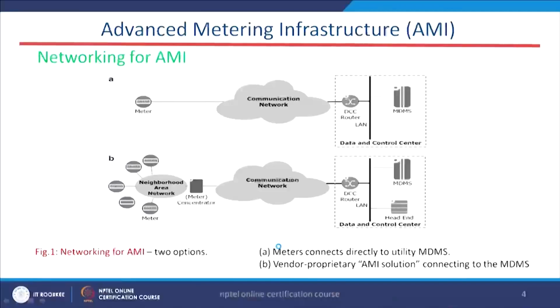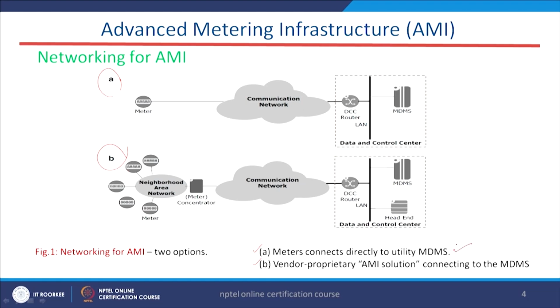Now, this is the networking for AMI. We are talking presently about the advanced metering infrastructure of the smart grid system. As far as the network of AMI is concerned, you can see here I have taken two sections, figure A and figure B. What is this figure A?